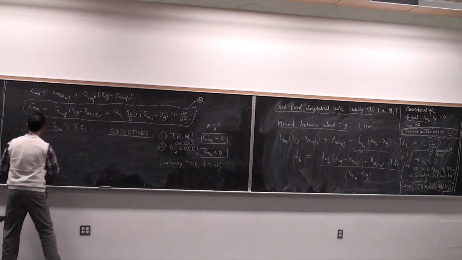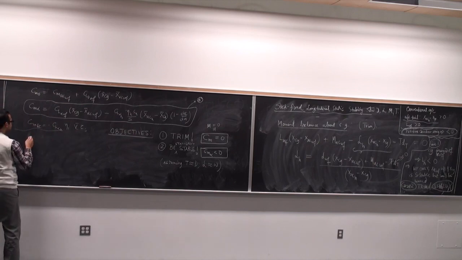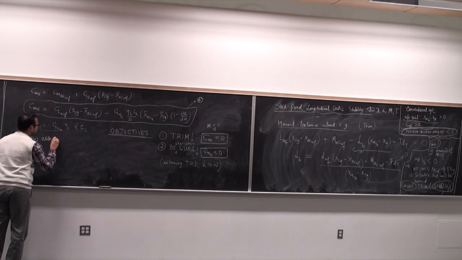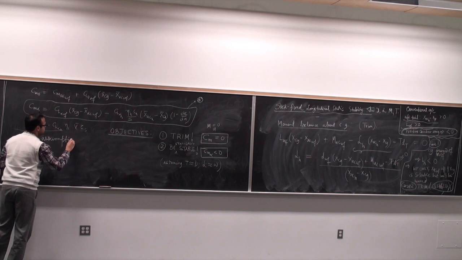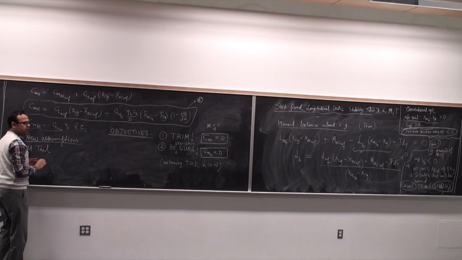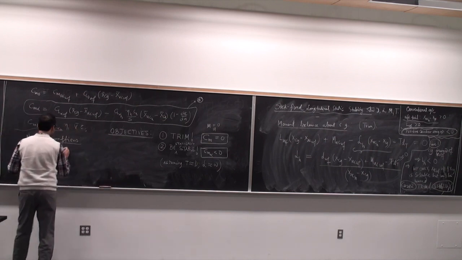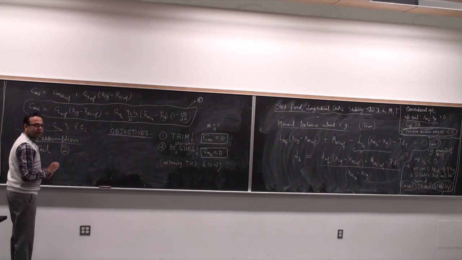So case 3, or change up the assumptions, new assumptions. Suppose you still have an aft tail. We're going to gradually shrink it down to 0. That's the idea. See if that's possible.